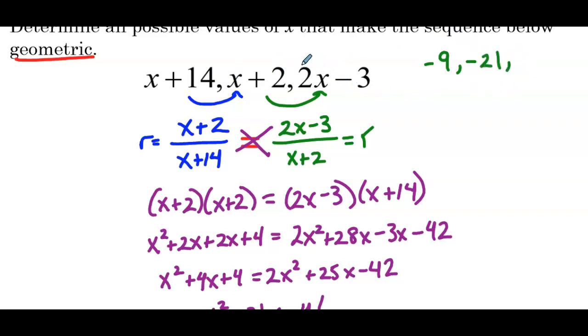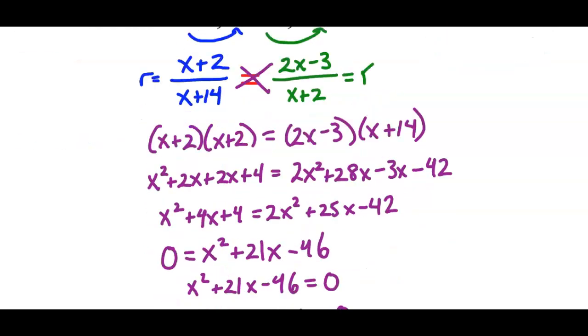And then 2 times negative 23 is negative 46, minus 3 is negative 49. So let's see, the common ratio there would be 7/3. Negative 9 times 7/3 would be negative 21. Negative 21 times 7/3 would be negative 49. So that works.